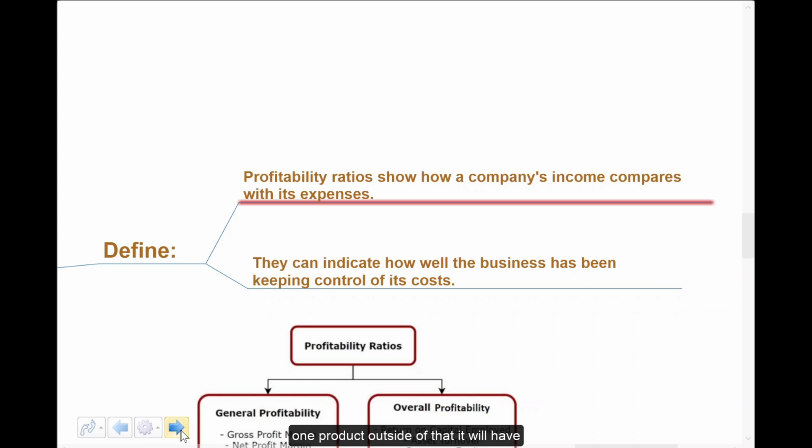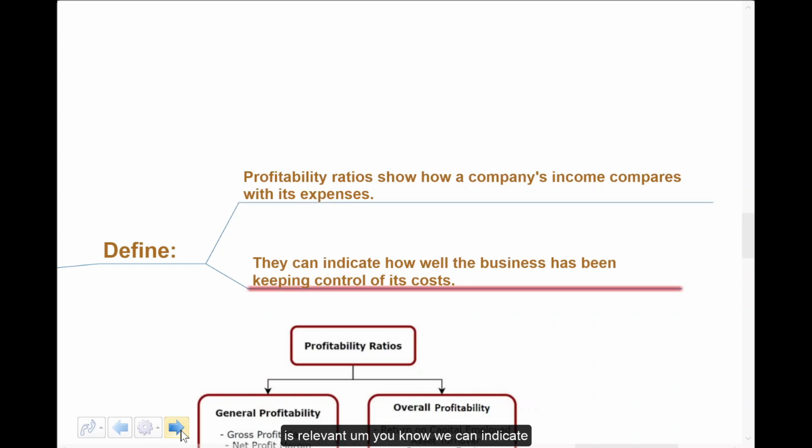Outside of that, it will have indirect expenses. So percentages below the line, stationery, motor expenses, salaries and wages, electricity, etc. So profitability ratios all center on that relationship between the income or the revenue and those expenses.